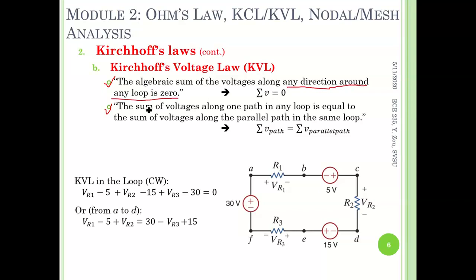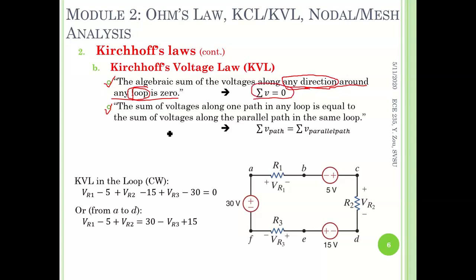Here we are not talking about a node, we are talking about a loop, and inside this loop we need to assume a direction to follow. It could be clockwise or counterclockwise, since we are talking about a closed path, and it doesn't matter which way.